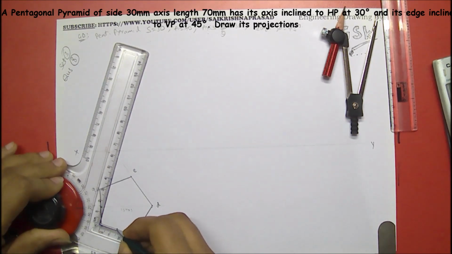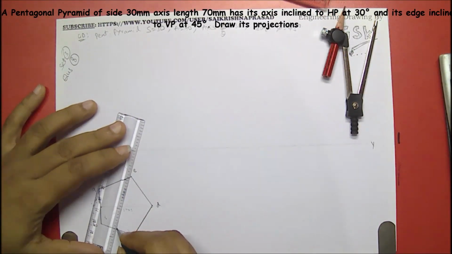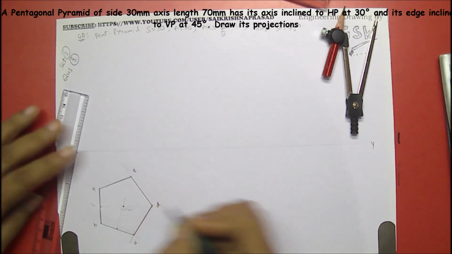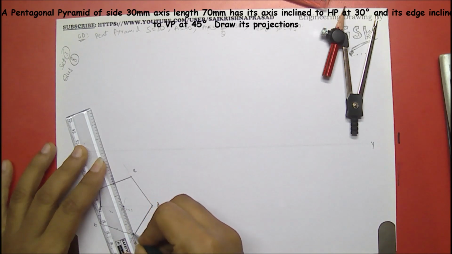We have to locate the center point of this one. This is the center point. To this center point you have to draw the lines, because those are the face edges of the pentagon.